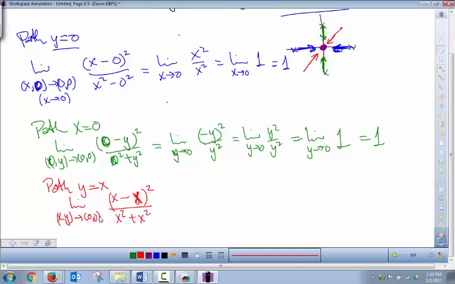So since both x and y are the same, and we change everything into x's, then really this is an x going to 0 business. And if we take a look at this, limit as x approaches 0, x minus x in the numerator is what we have, right? So that's equal to 0.